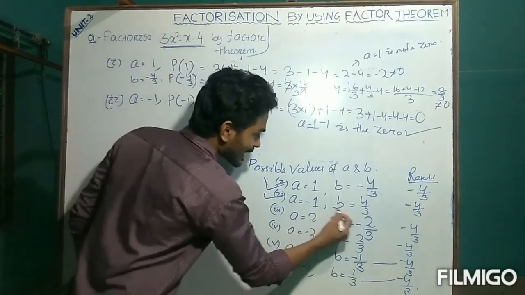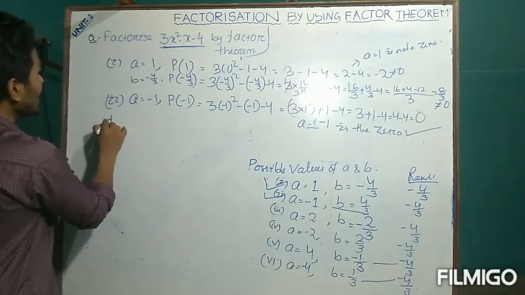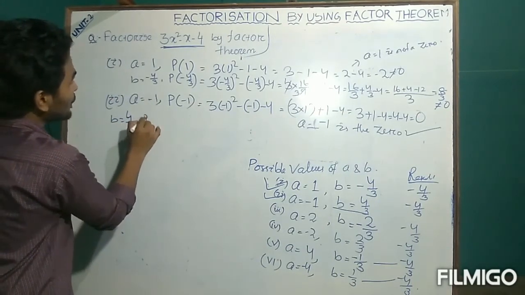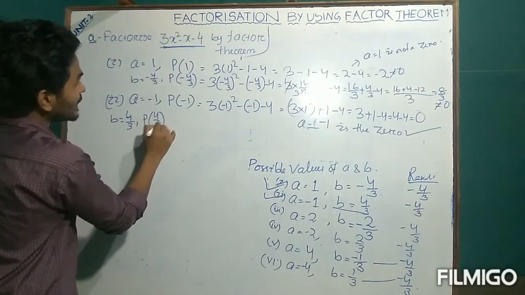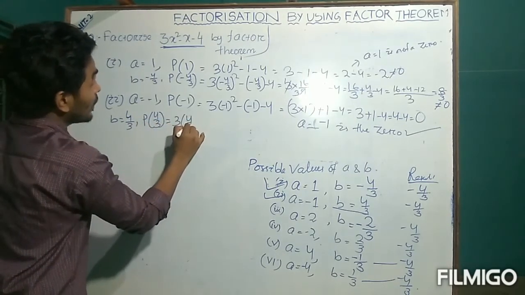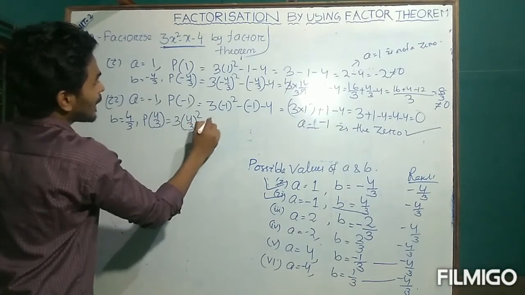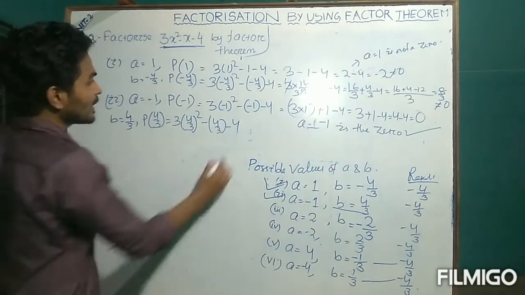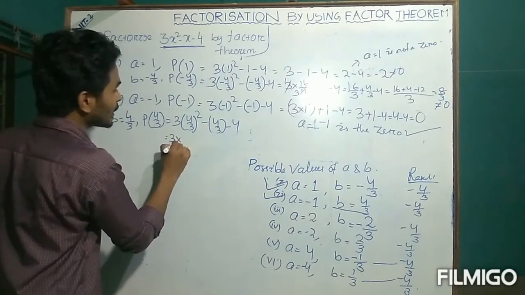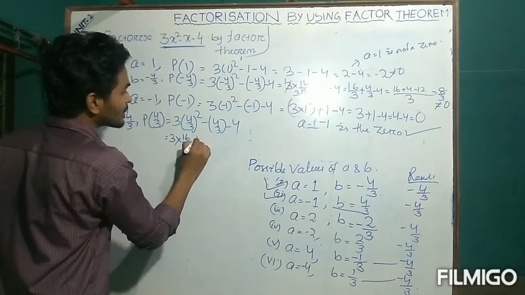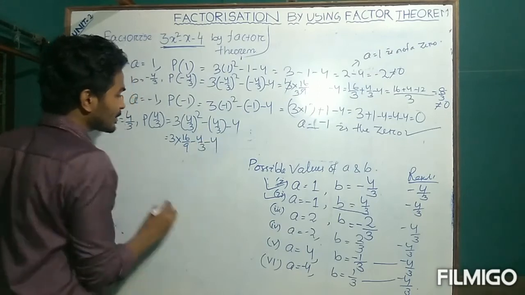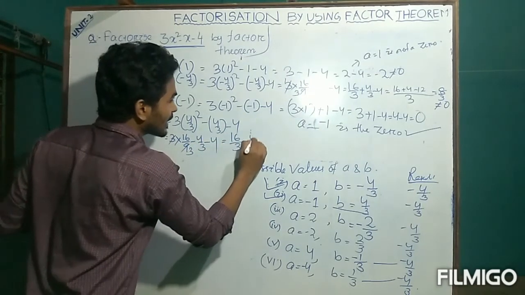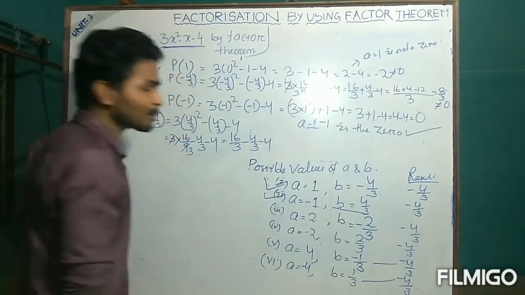Let us check with the second pair, b is equal to 4 by 3. So p of 4 by 3 is equal to 3 into 4 by 3 whole square minus 4 by 3 minus 4. So it will be 3 into 16 by 9 minus 4 by 3 minus 4, which is 16 by 3 minus 4 by 3 minus 4.